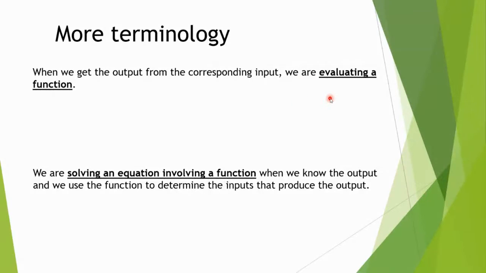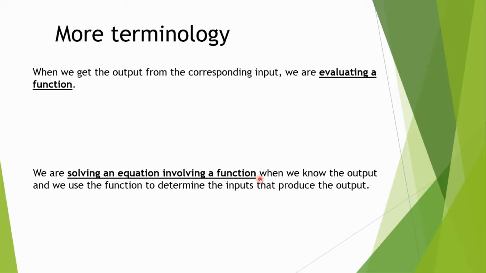If we're going the other way, that is, if we have the output and we want to get the corresponding inputs that produce the output, so if we have an output and we want to know what input values will give us that output when plugged into the function, then we're solving an equation involving a function.